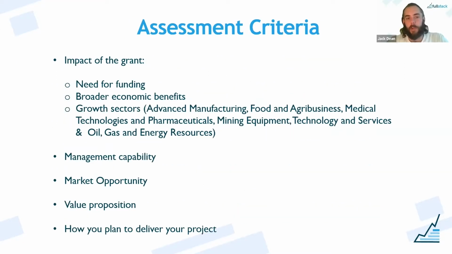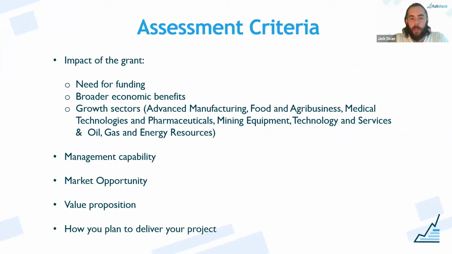There's assessment criteria. I put this on to illustrate the criteria specifically applicable to the AC grant, but it is generally applicable through most grants. It's the same kind of thing. So the impact of the grant, the need for funding, that's very important. So you need to be able to demonstrate that you've attempted to get the other half of the funding from other sources prior to coming to the government for assistance.